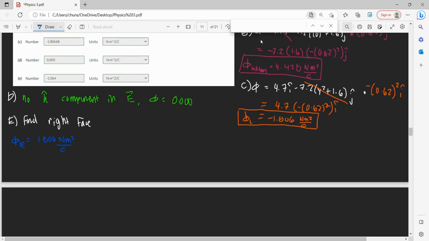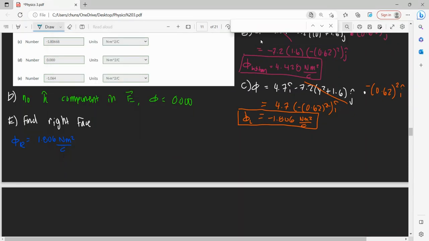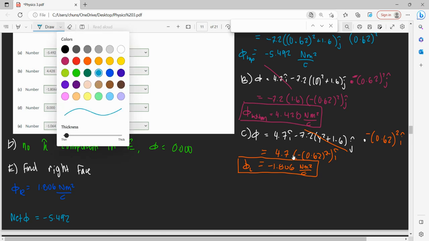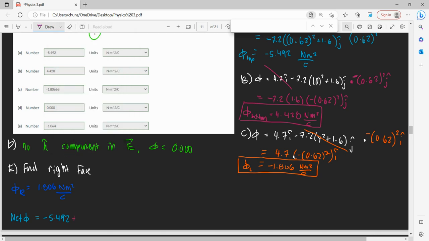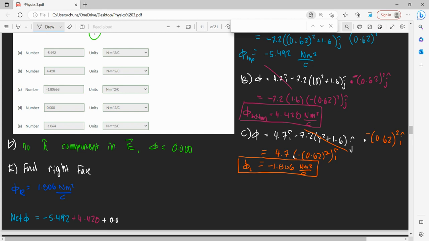So if we add up all of our values, what do we start with first? So we have negative 5.492, 4.428. Both our front and back face are 0.